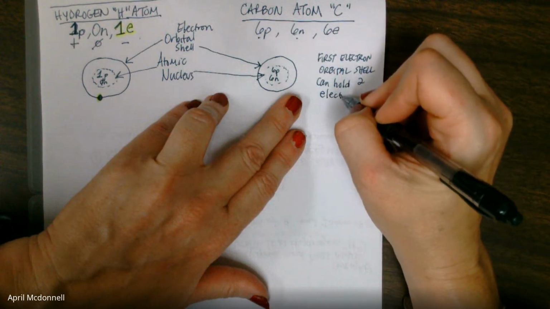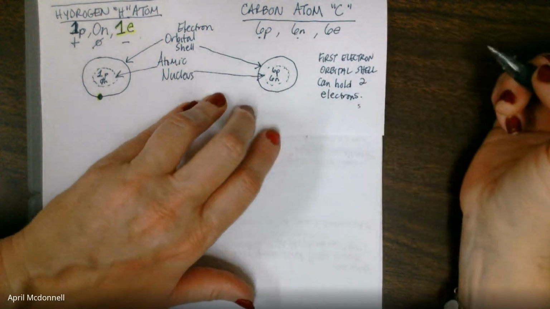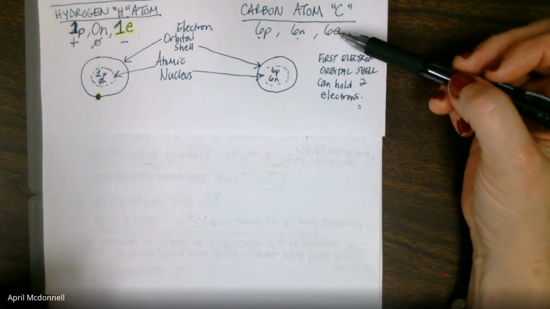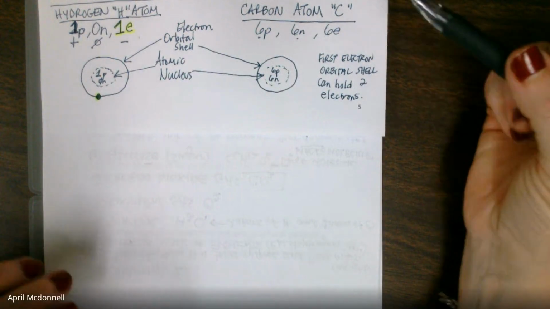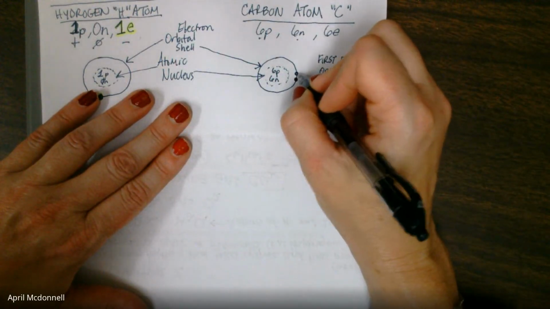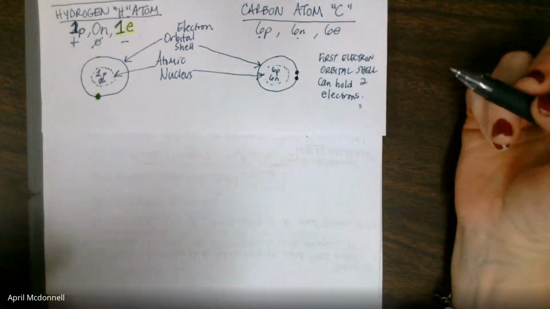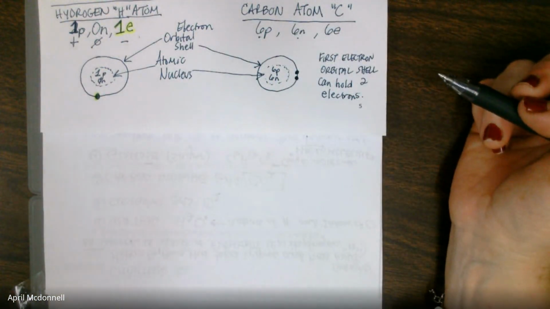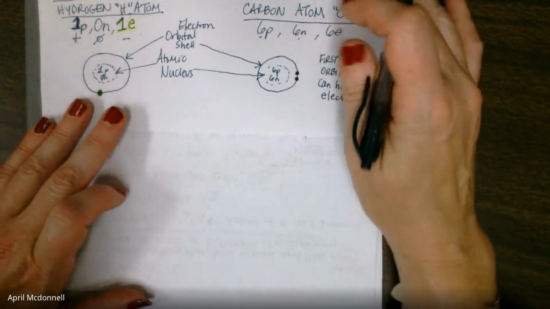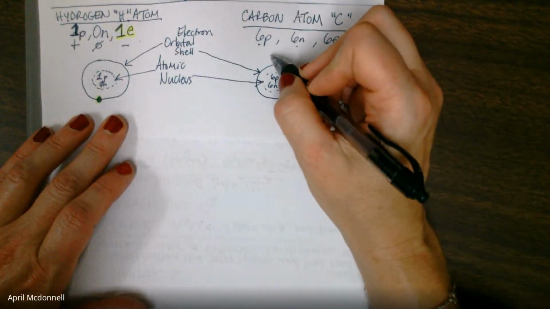So that is its maximum capacity. So we have a little problem here because carbon has 6 electrons. We're going to draw 2 electrons in the electron orbital shell, but now we have 4 more electrons. We're going to have to draw another electron orbital shell in order to fit those electrons.